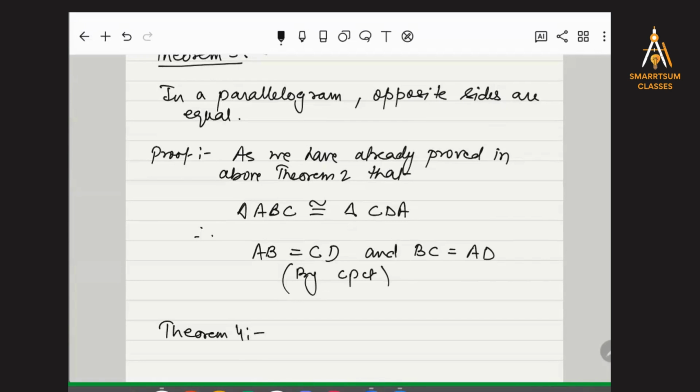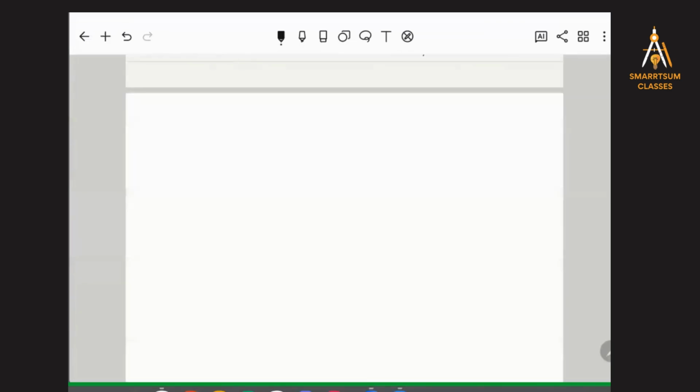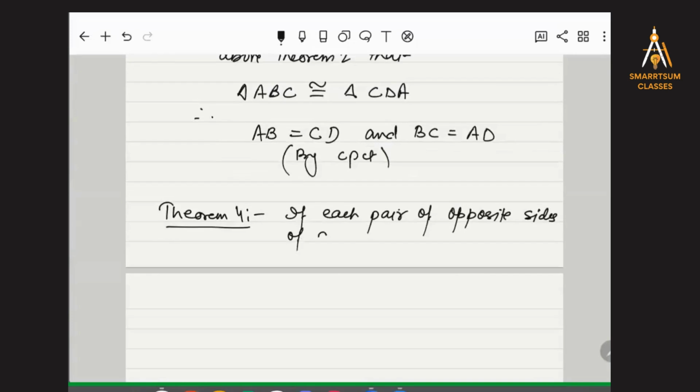Theorem number 4. Now, if each pair of opposite sides of a quadrilateral is equal, then it is a parallelogram.